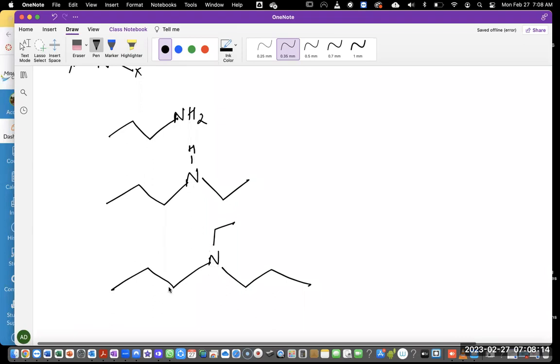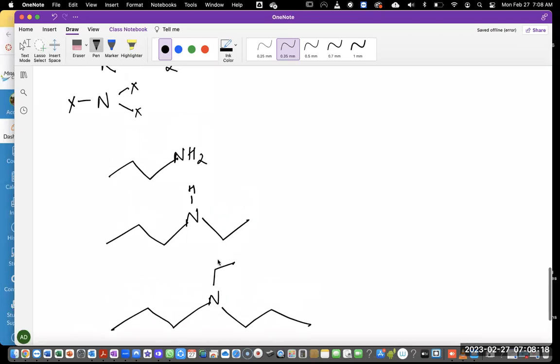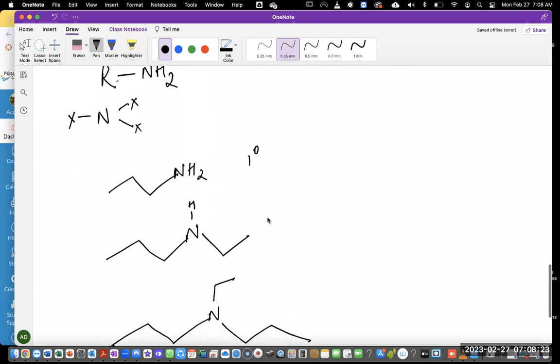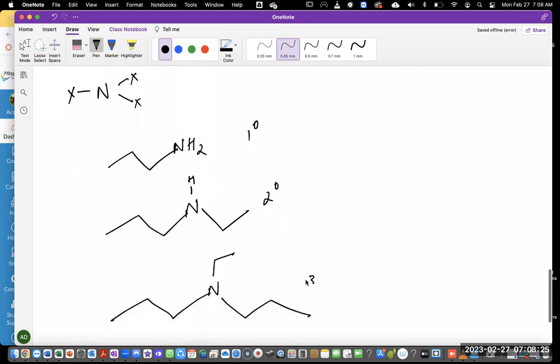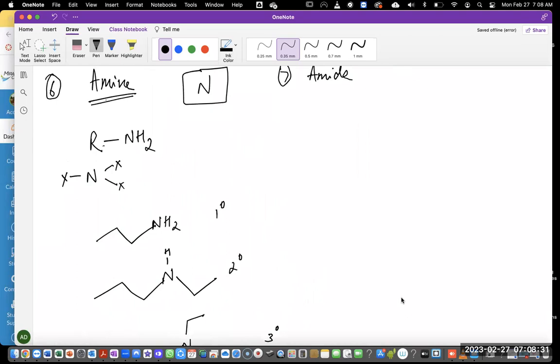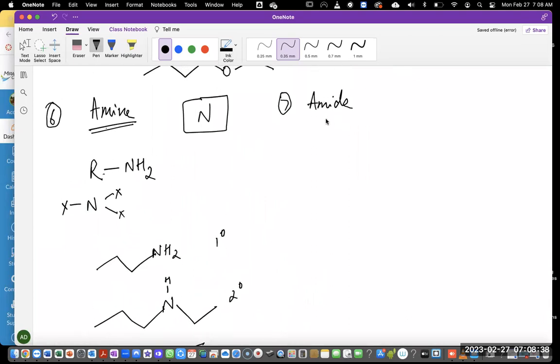This nitrogen also, carbon on the left, right, and top, still 3 bonds. All of these are amines, okay? And this one is a primary amine, this one is secondary, and this one is tertiary amine. The idea is that whenever you have nitrogen connected to a carbon chain, we have what we call amine. Okay, now what happens when you have an amide?